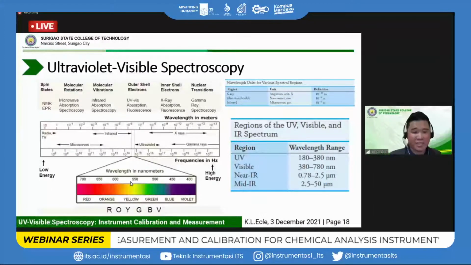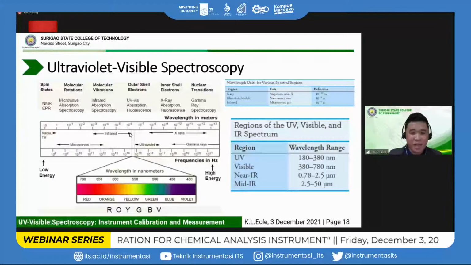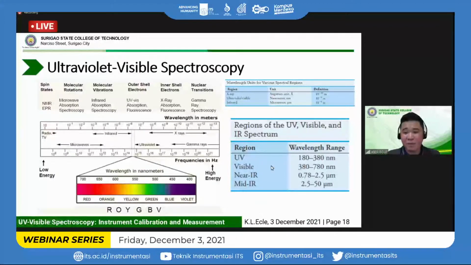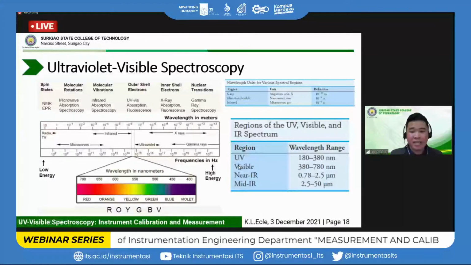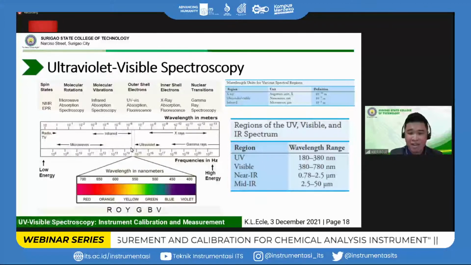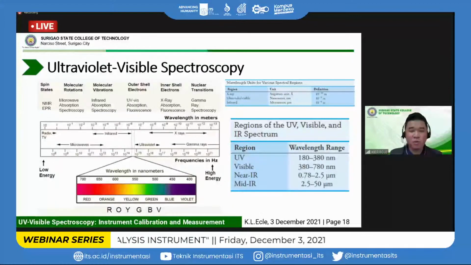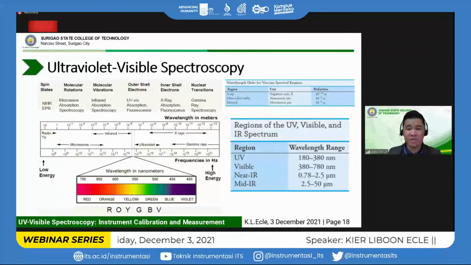Here in the center, you can find the visible region, that is between 380 to 780 nanometers. In the UV region, you have the wavelength of 180 to 380 nanometers.